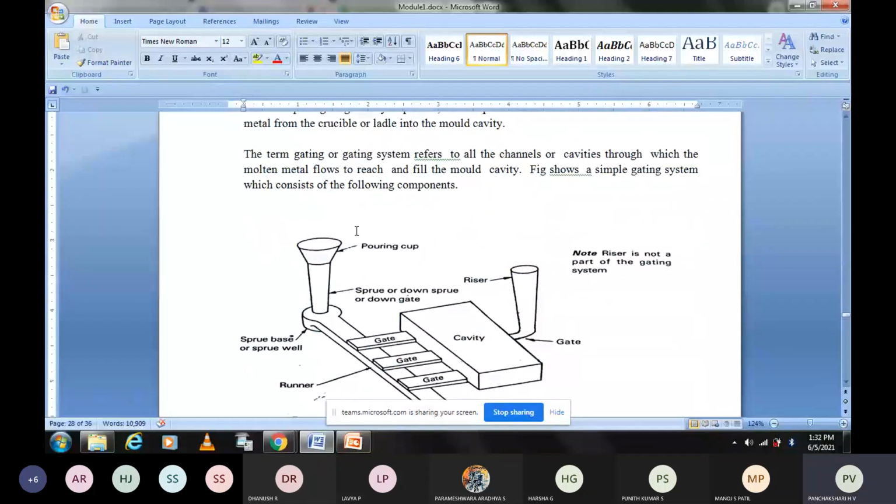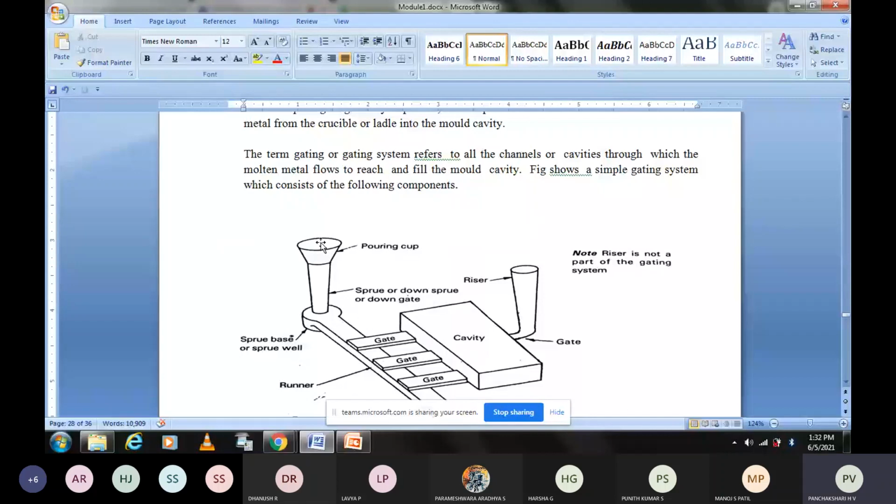Gating system means, while producing the casting, we collect the molten metal from the furnace. That molten metal we have to pour into the pouring basin or pouring cup. That liquid metal will be added in the pouring cup or pouring basin.